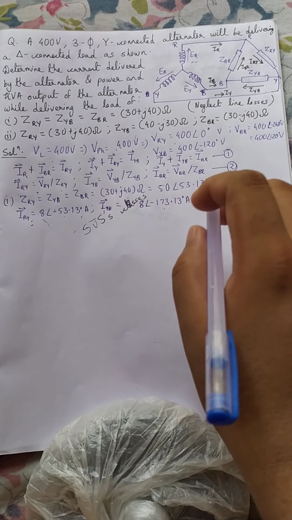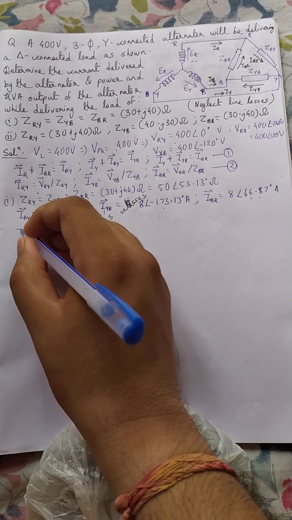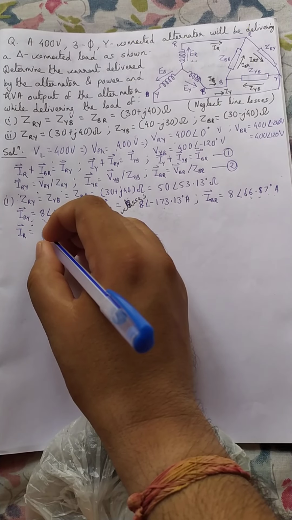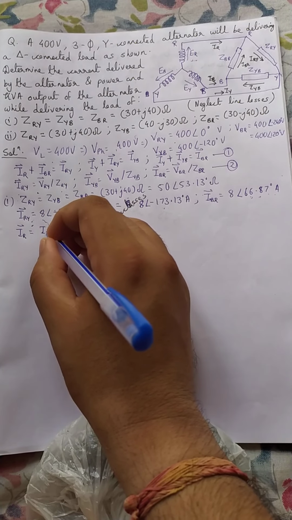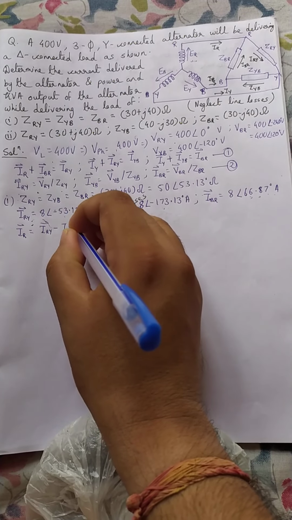Now once we are finding out this, we are using equation number 1 to find out IR. So what will be IR? IR will be basically IRY minus IBR.